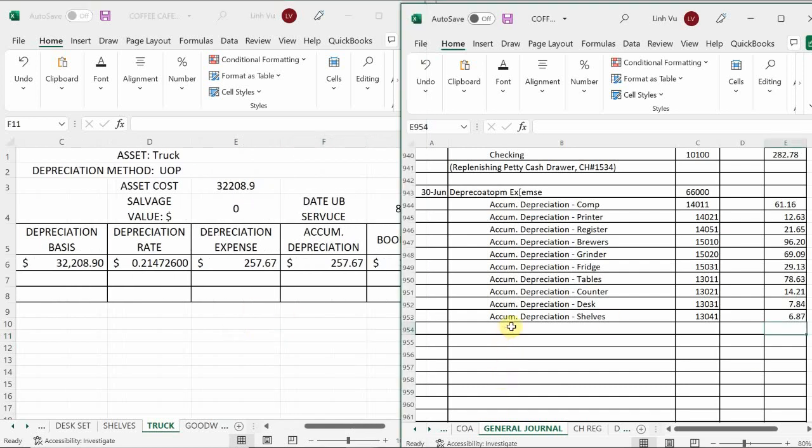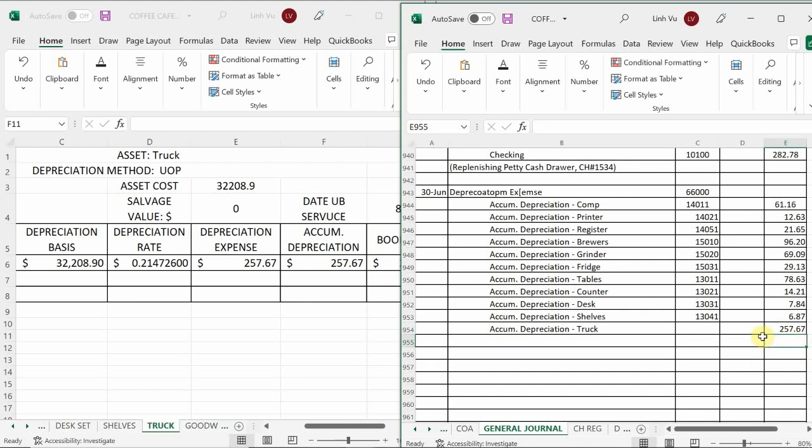So again, accumulated depreciation for the truck is for $257.67.